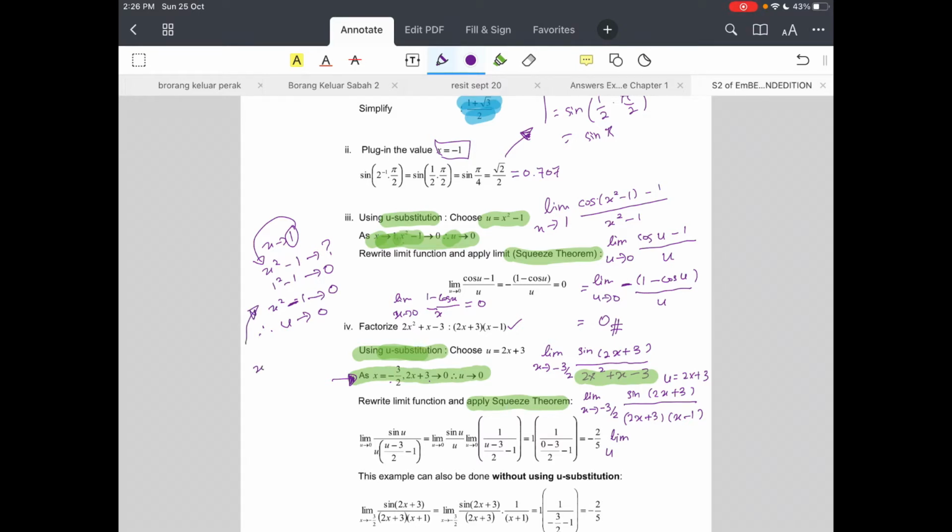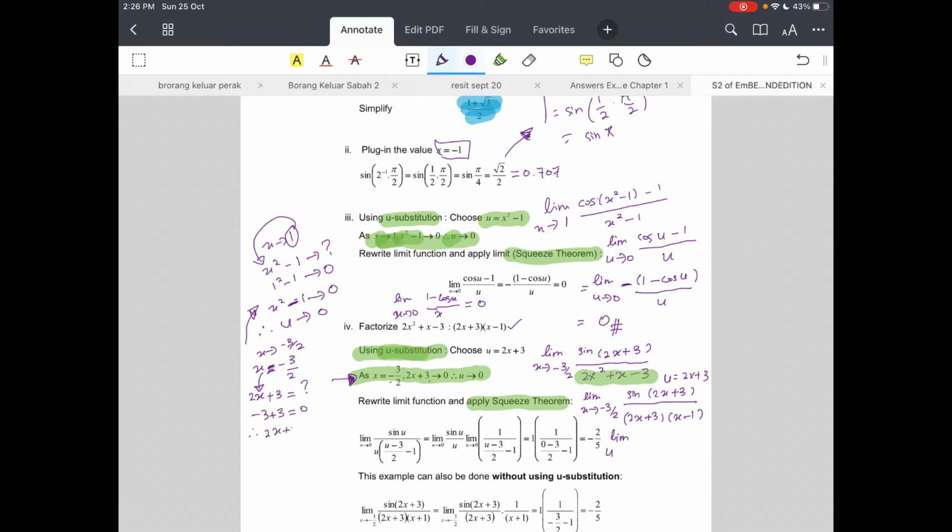So if you put x equals negative 3 over 2, since x is approaching negative 3 over 2, we plug in the u substitution. Approaching what? So we just plug it in over here. What you will get is minus 3 plus 3, so it becomes 0.